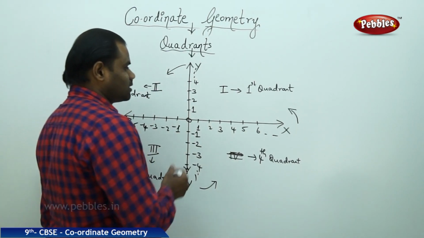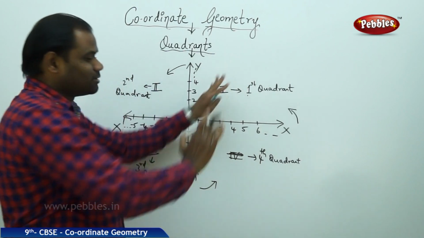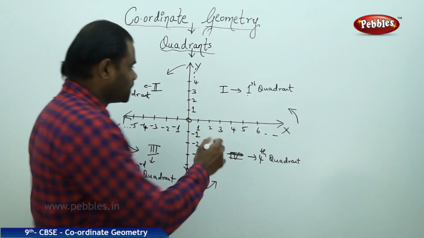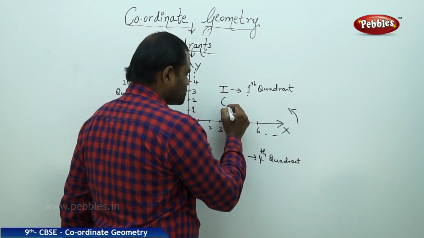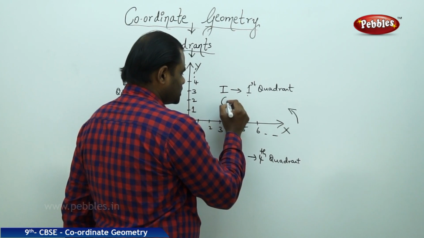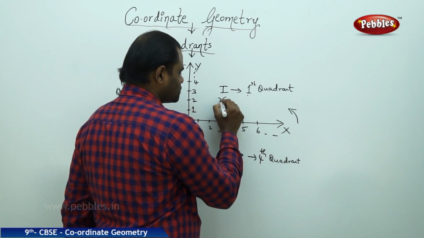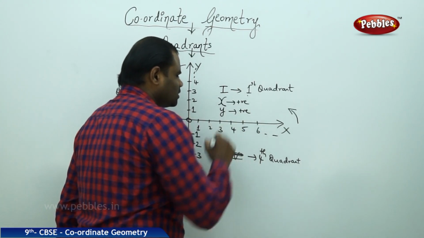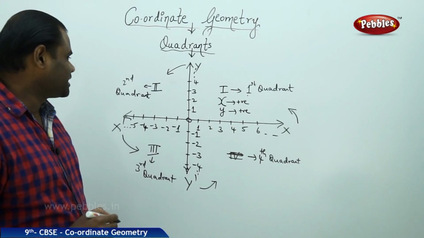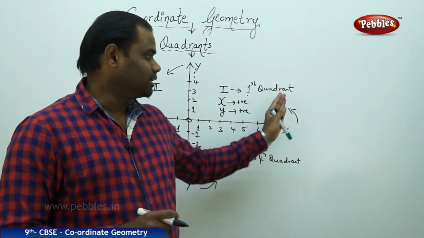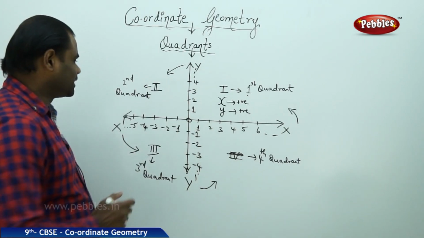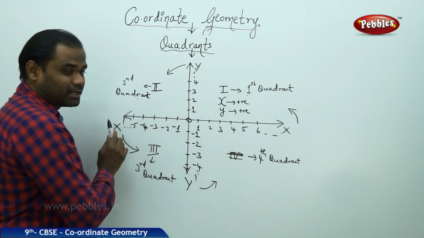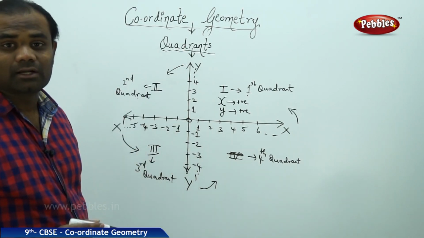When I see the first quadrant, I always see that this is the region which refers to positive x values and positive y values. Usually the point's x value is positive and the y value is also positive in this region. Secondly, when I go to the second quadrant in the anti-clockwise direction, I clearly see that in this region I have x values which are negative and y values which are positive.